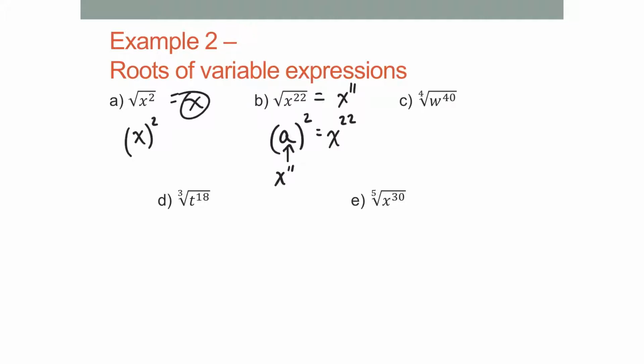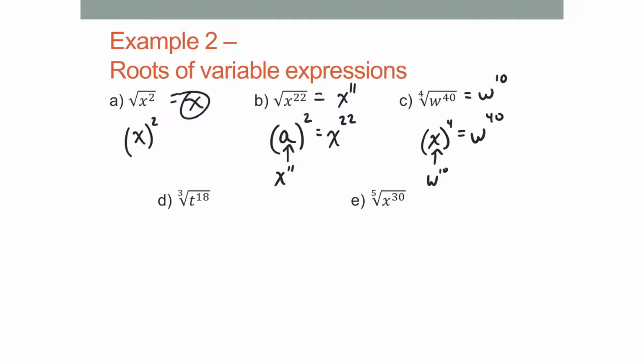Fourth root of w to the 40th. So again, if I have a number in here that's raised to the 4th power and I get w to the 40th, then that number in there must be w to the 10th. W to the 10th to the 4th is w to the 40th. You see the shortcut yet? Let's go ahead and do a couple more here.